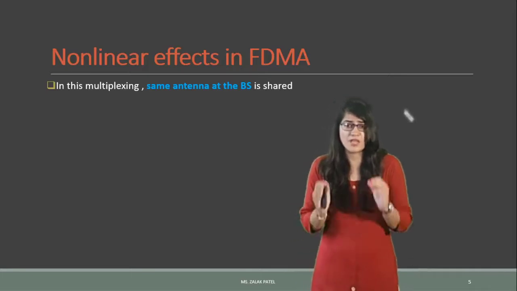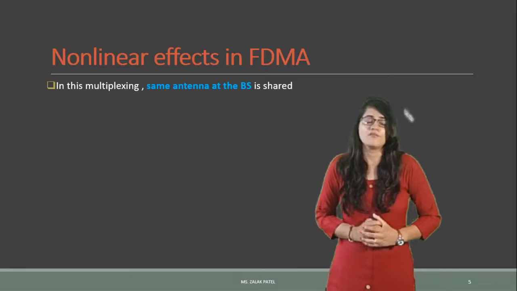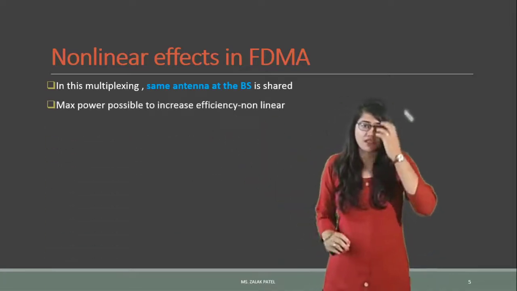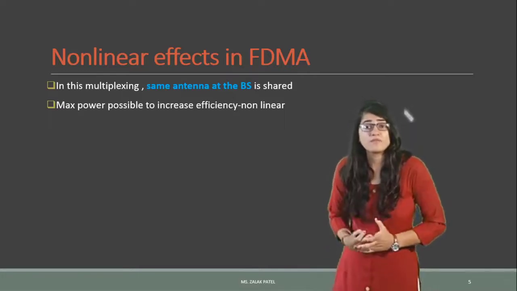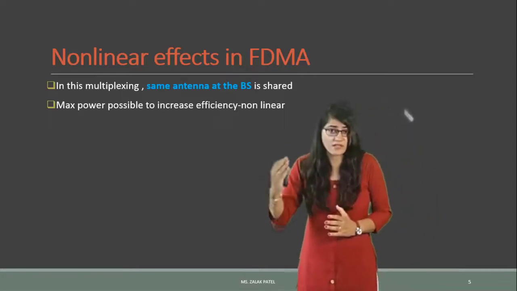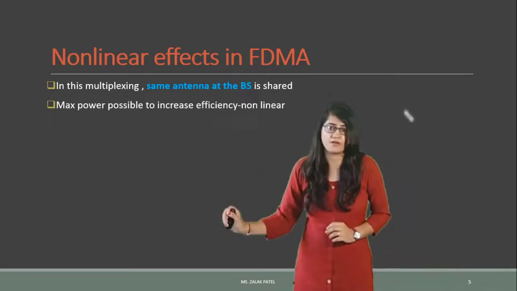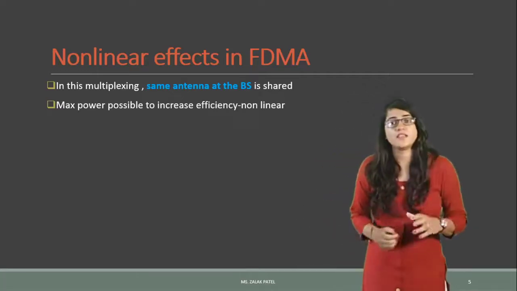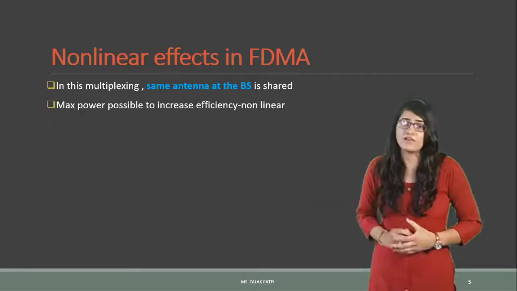Because the same antenna is used at a particular base station, the maximum power is possible. Because of this maximum amount of power transmitted at the further end, the non-linearity is generated. Because of this non-linearity, the signal is distorted when it comes to the receiver end.